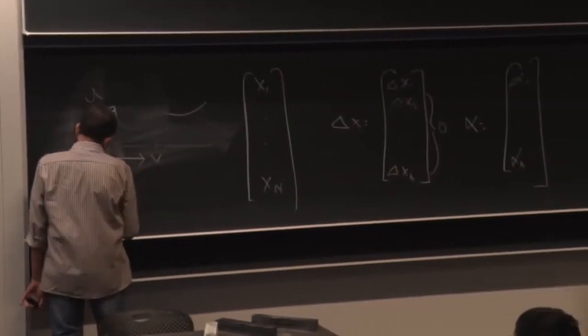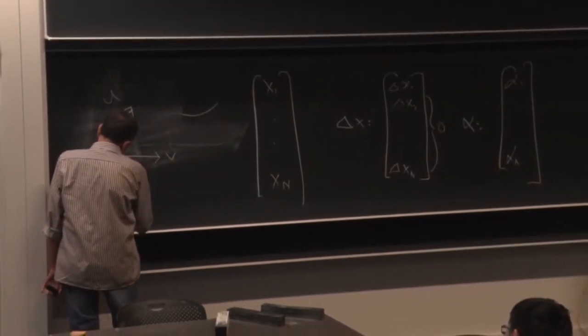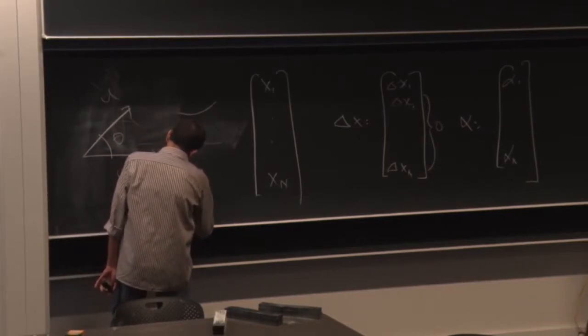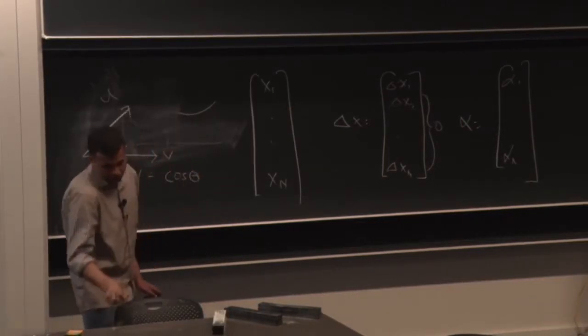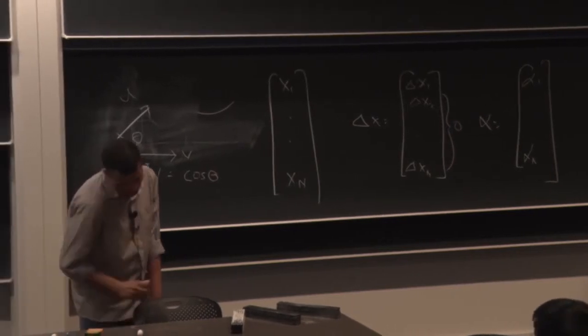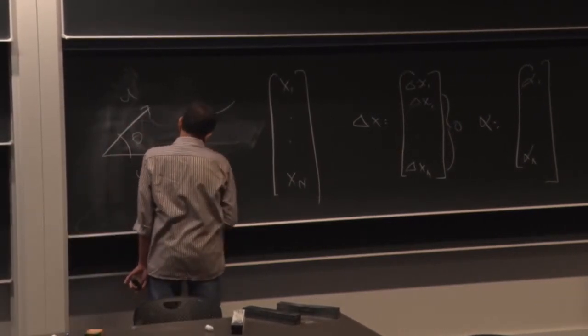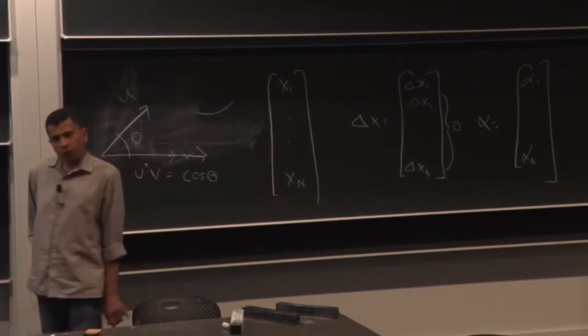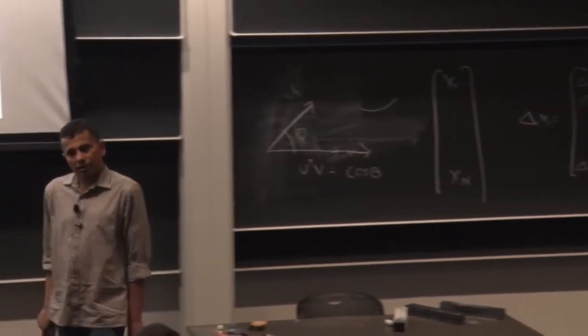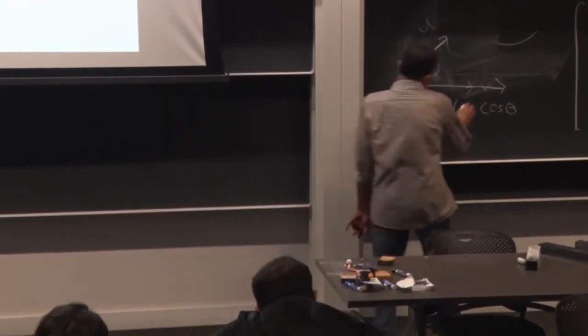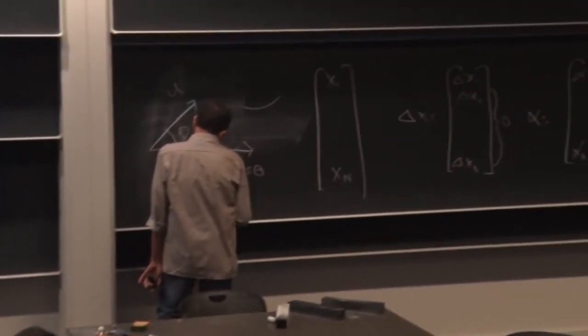This is theta, so u transpose v equals cos theta. This chalk is really horrible. Now, suppose v is not unit length. Then what is the inner product going to be? It's going to be the magnitude of v times cos theta, right?